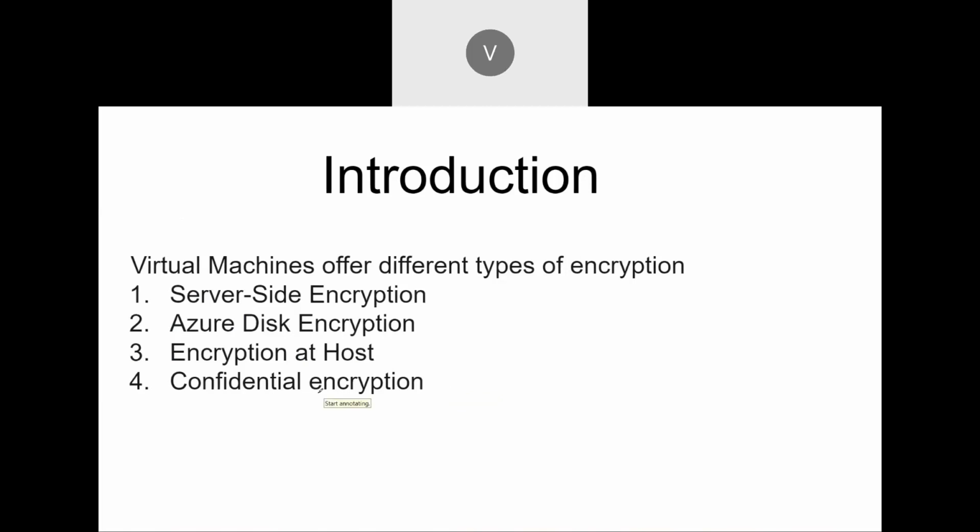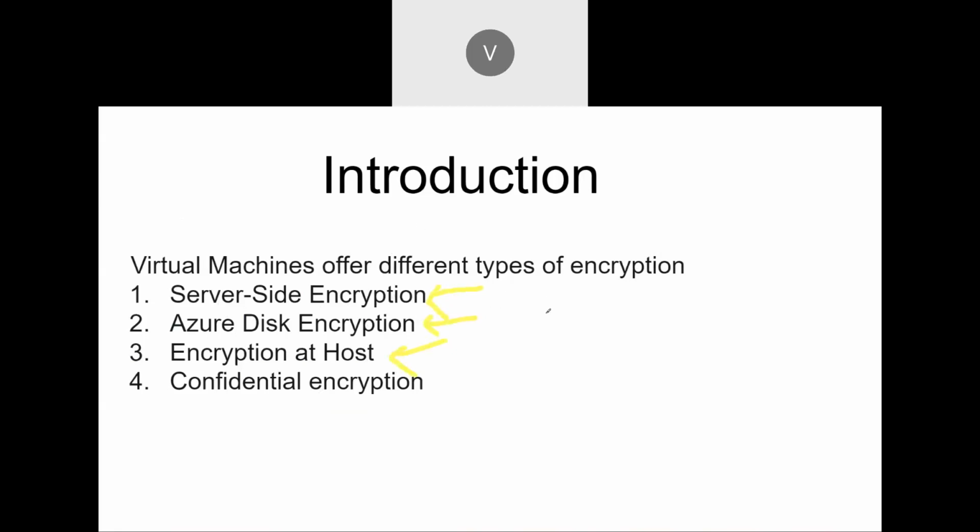Let's not get into this at this point of time. Let's understand more about server-side encryption, disk encryption and encryption at host. In the further labs we'll see how to set up server-side encryption, disk encryption and encryption at host. So keep it summarized.